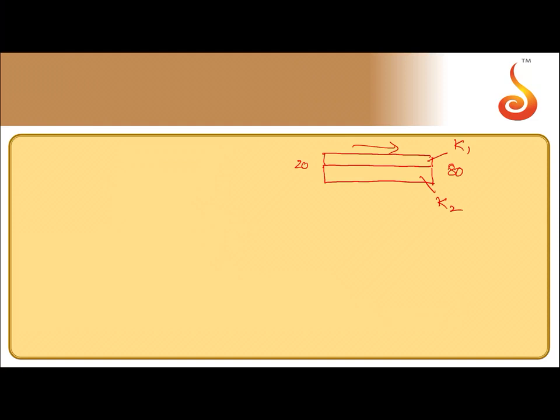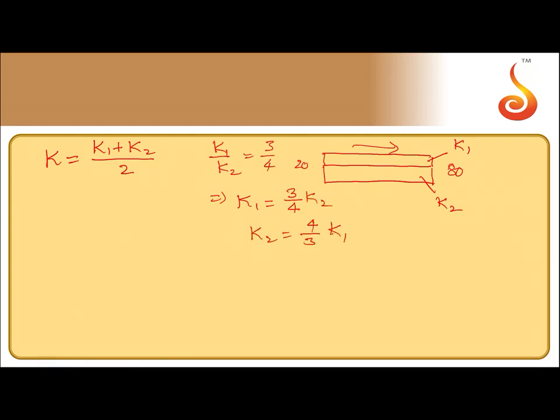So, ratio of effective thermal conductivity to that of the first rod is. So, these two rods are in parallel. So, effective thermal conductivity, let it be K, K should be equal to (K1 plus K2) divided by 2. So, this is effective conductivity. Now, they have given that K1 by K2 is equal to 3:4. So, K1 by K2 is equal to 3 by 4. So, this implies K1 is equal to 3 by 4 times K2, or K2 is equal to 4 by 3 times K1.